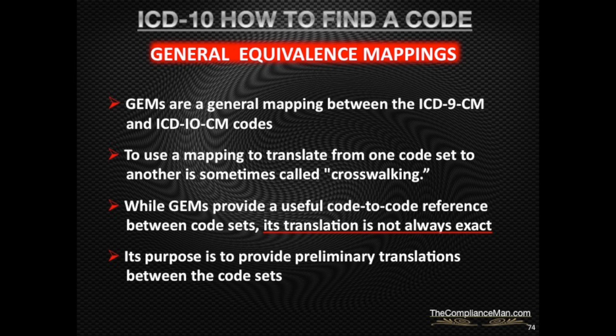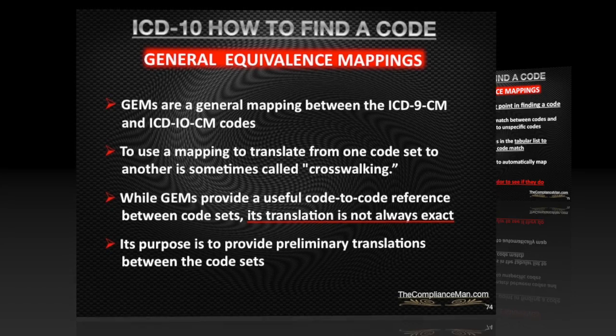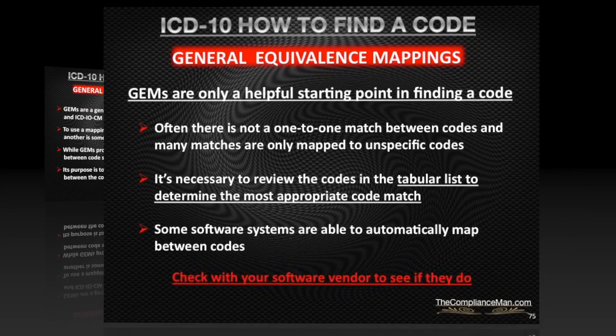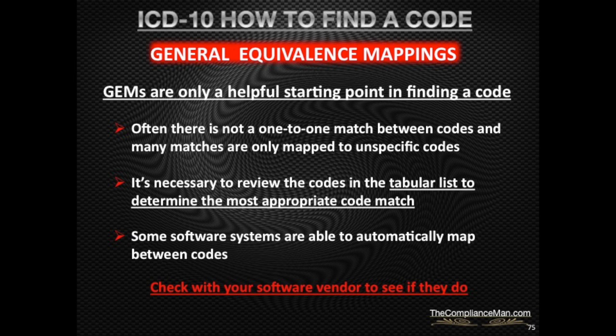It's important to understand that while the GEMS provide a useful code-to-code reference between the two code sets, the translation is not always exact. So the purpose of the GEMS is to provide a preliminary transition between the code sets. So this is very, very important to understand. GEMS are only a helpful starting point in finding a code.